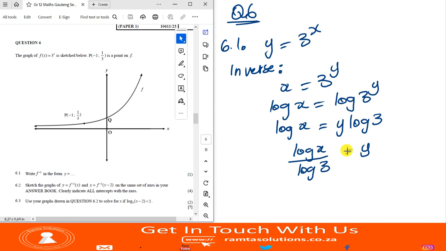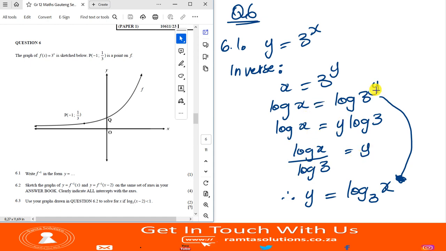But you can write this in a simpler manner, which is y is equal to log x base 3. From here, you can come here directly. I just wanted to show you these steps, but they are not necessary.